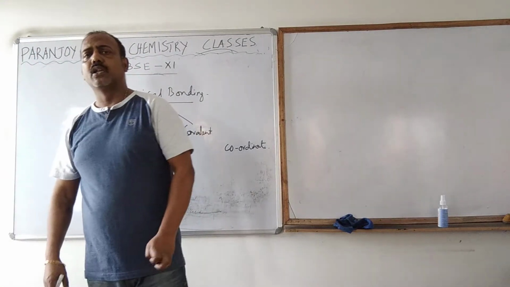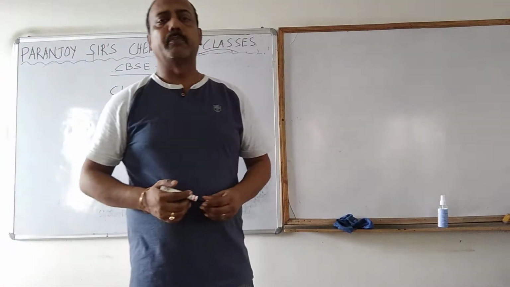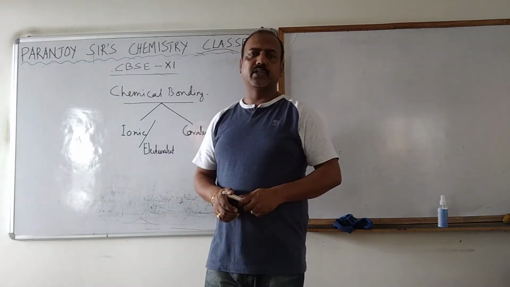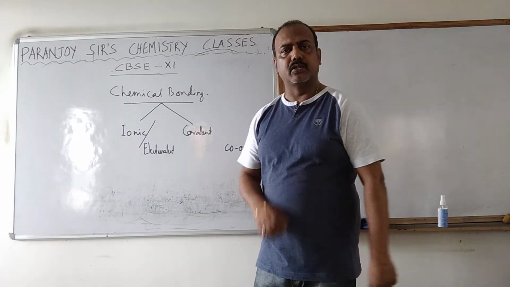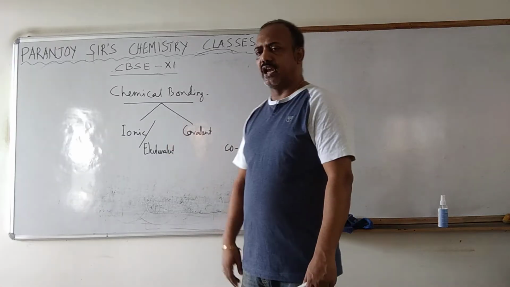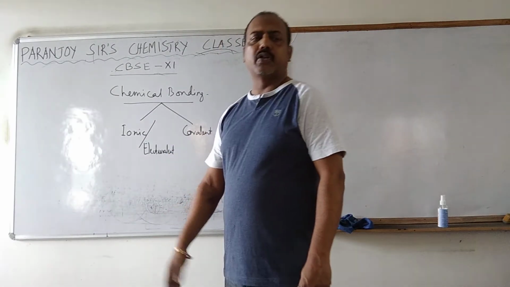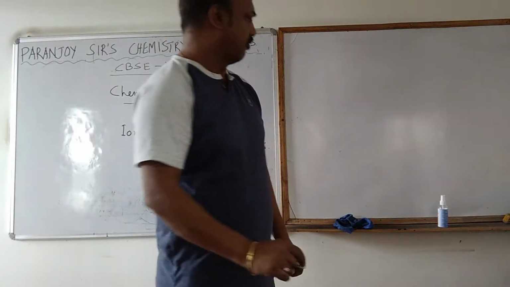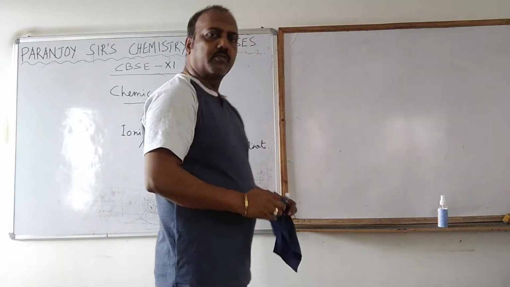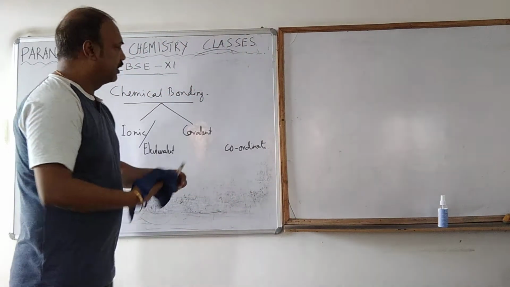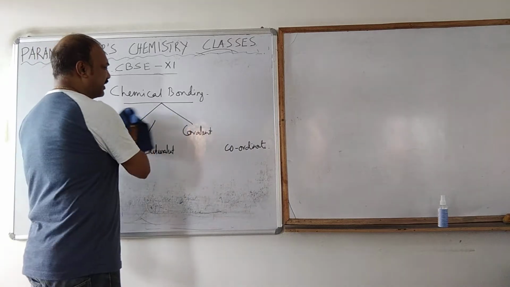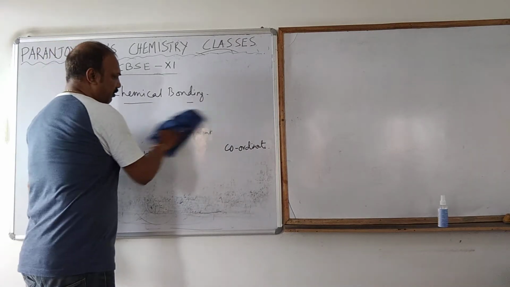It's nothing but the force of attraction between the atoms involved in the formation of a molecule. So first, let's see what is ionic bonding. Ionic bonding or electrovalent bonding is formed between two atoms in a molecule by loss and gain of electrons. All of us know this.